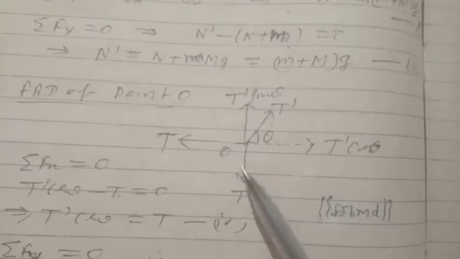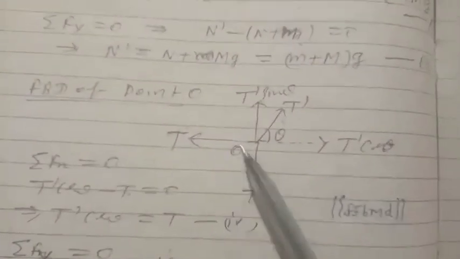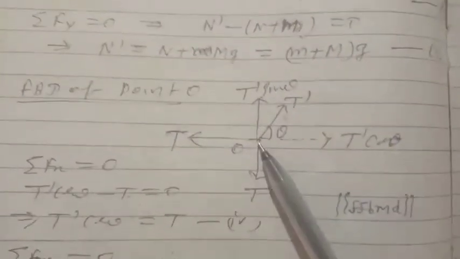Because it is a massless point, there will be no weight. So FBD of point O will be like this: T dash, T and T double dash. Only tensions in strings are acting here.